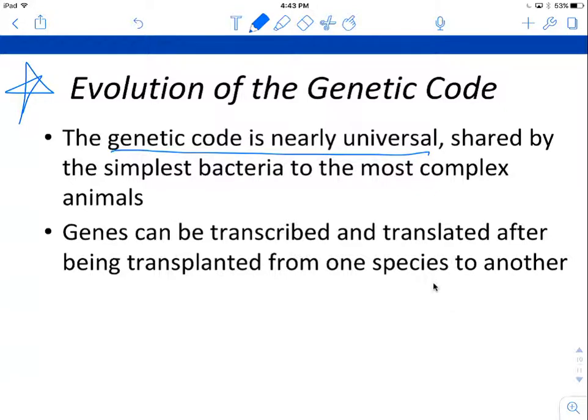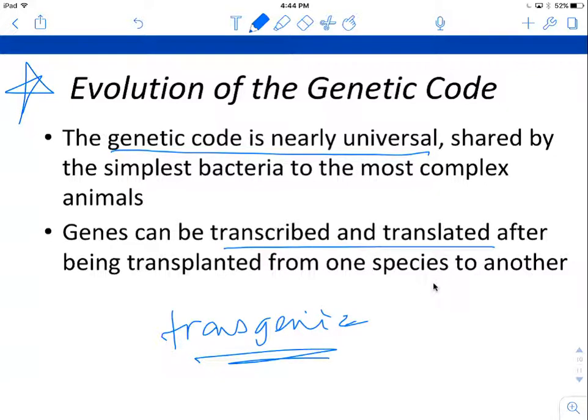This is kind of cool because it means that if you put a gene from one organism into another, here we go with our transgenic organisms, you put a gene in and it can be transcribed and translated.